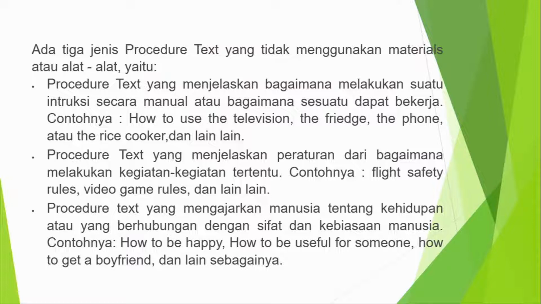It is mostly about psychological barriers or psychological problems, and you make some advice or suggestions to people and write something for people to read, so they can understand you based on the steps that you write. Examples of those texts are how to be happy, how to be useful for someone, and how to get a boyfriend, etc. These are examples of procedure texts that don't need materials or tools to explain.